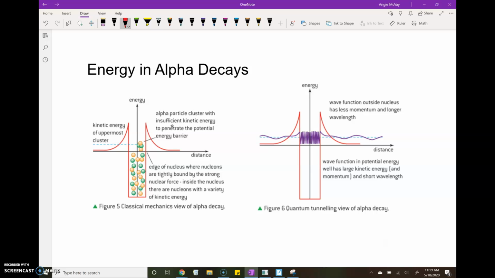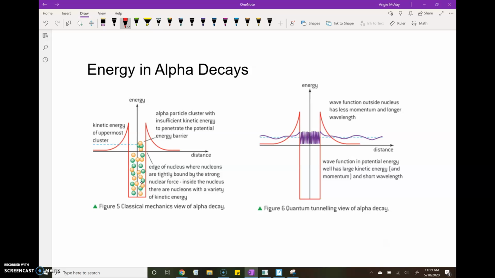Okay, so let's take a look at energy in alpha decay. This is sometimes a graphic that you will see when talking about alpha decays. You've got the kinetic energy of all of the alpha particles that are within an atom, and there's a certain amount of energy required to penetrate that barrier, otherwise they won't be able to penetrate.